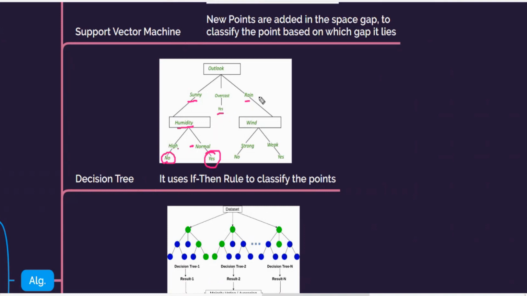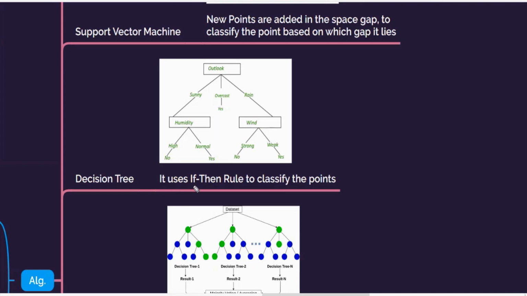Similarly, if I say rain, it will ask another question: whether the wind is strong or weak. If I say strong, no, you are not allowed. If I say weak, you are allowed to go out. So like this, it will change the decision based on the user input. That is why we call this the decision tree method.